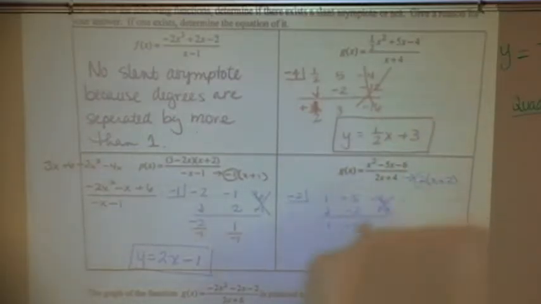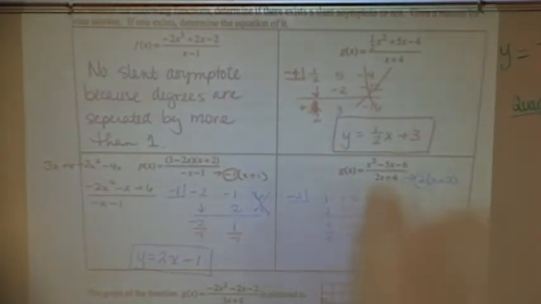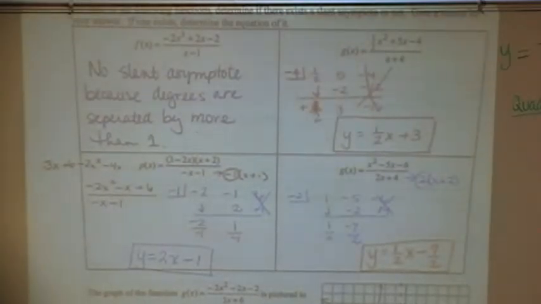And that means I have to divide by 2. So I got y equals 1/2 x minus 7/2.